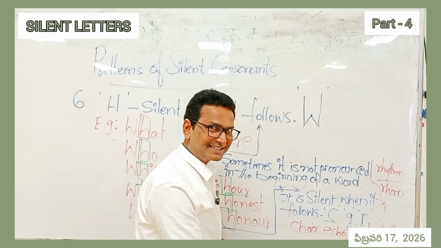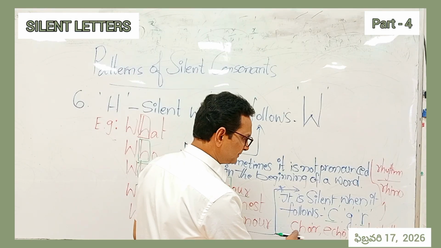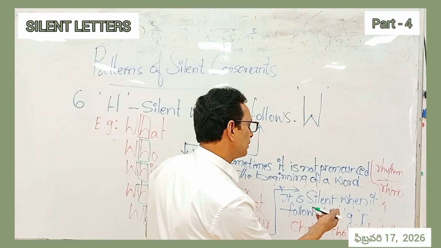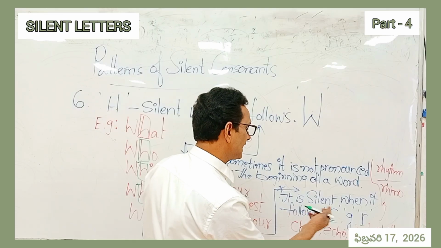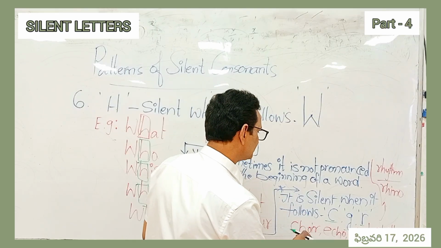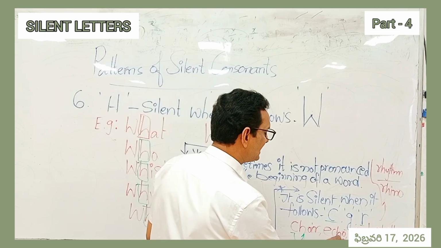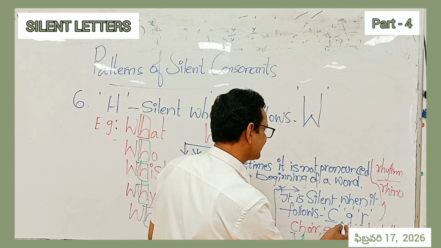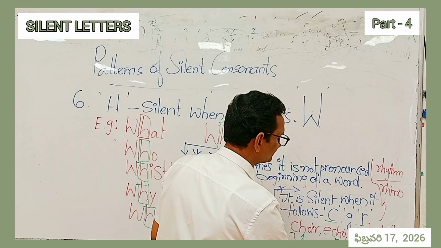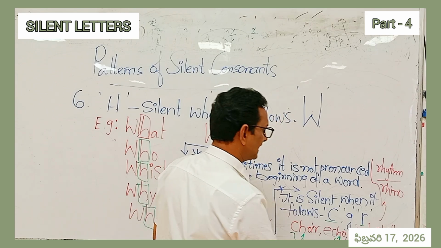A group of singers in the church. And here, what is the point? It follows C, so C is present and H is silent. And ECHO, when it follows C, H is silent.